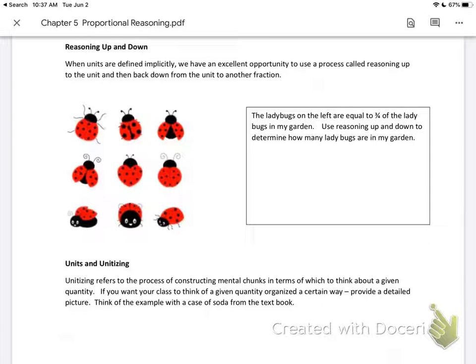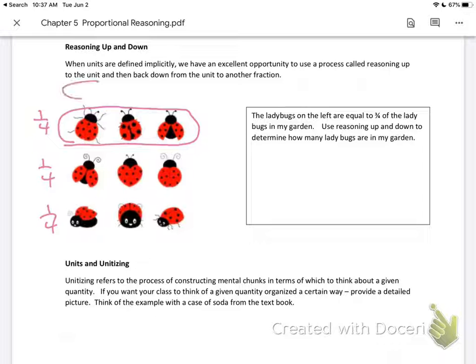The ladybugs on the left are equal to 3/4 of the ladybugs in my garden. So if this is 3/4, then I can say comfortably that this would be 1/4, 1/4, 1/4, 1/4. So how many are in my garden?